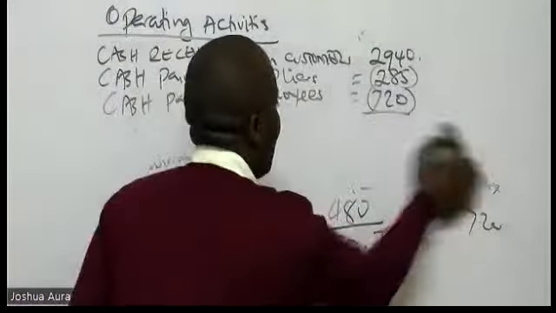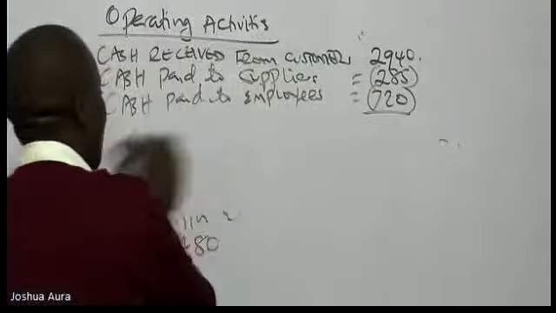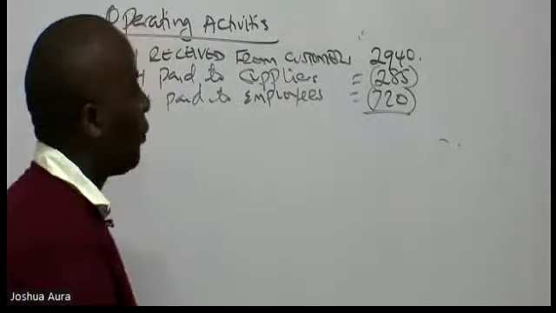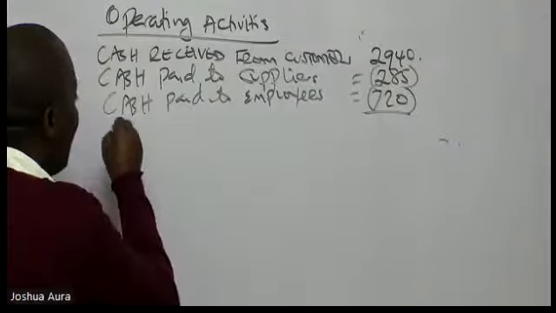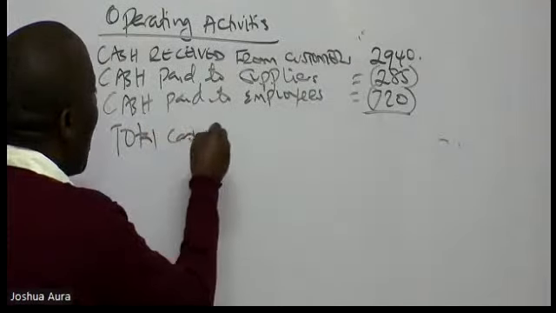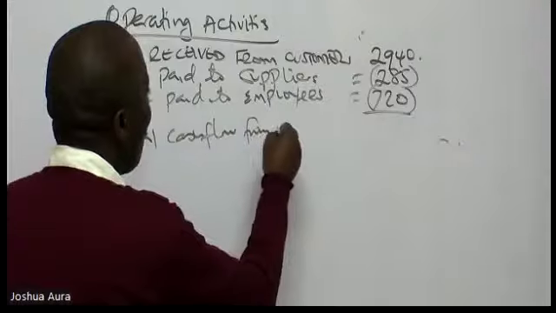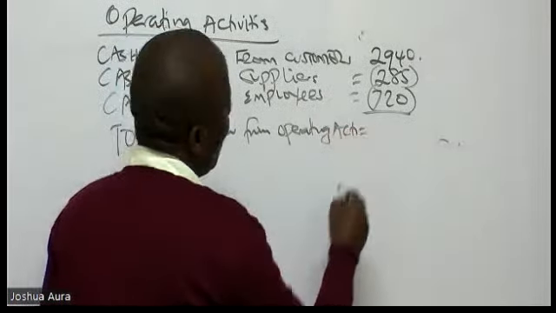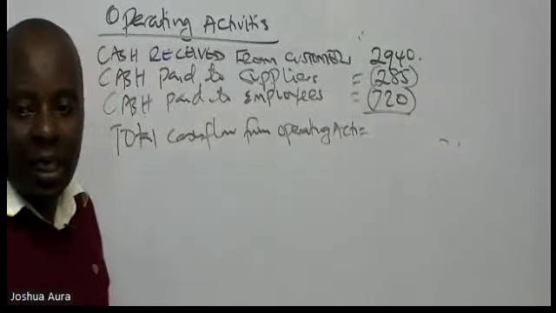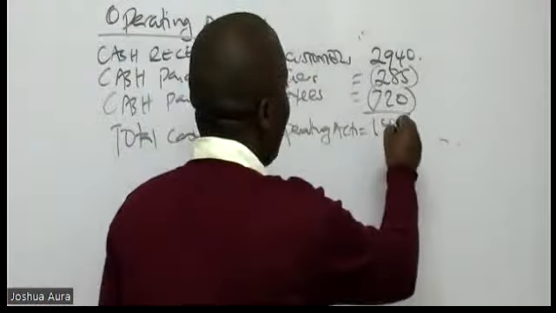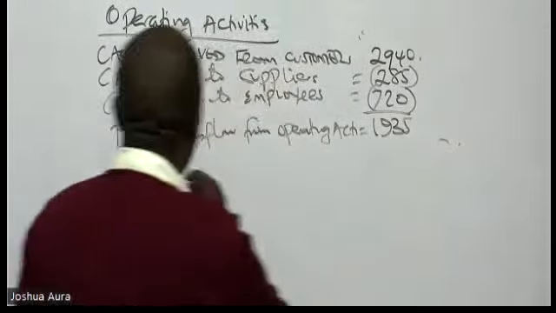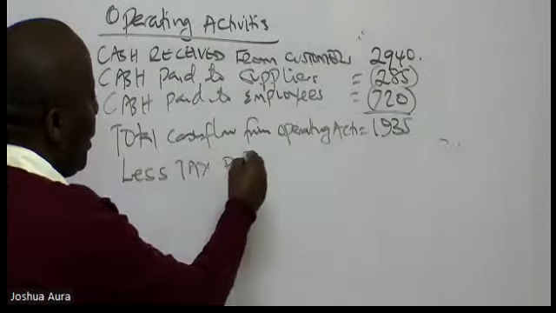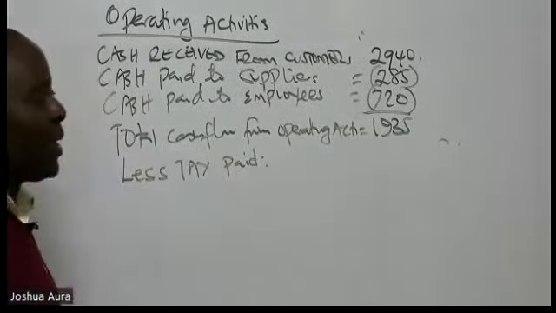And then we'll be able to give us the total cash flow from operating activities, 1935. And then we less the tax paid.